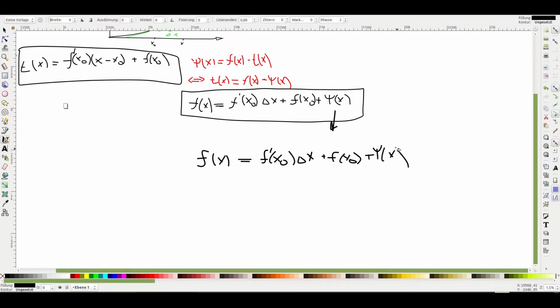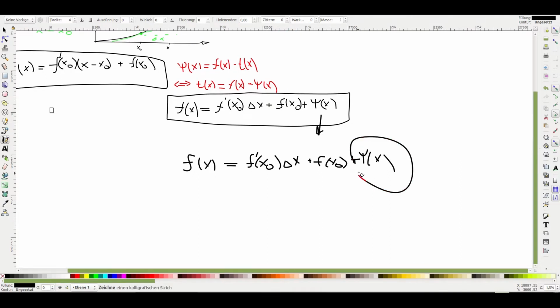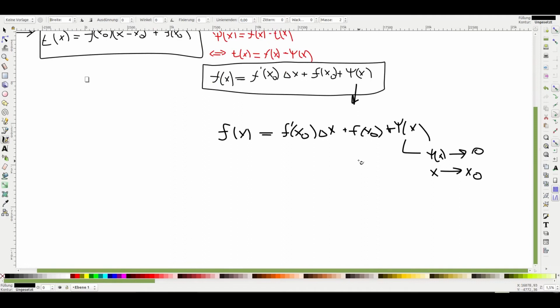Now as x goes towards x0, this psi of x here approaches 0. So psi of x goes towards 0 as x approaches x0. And how do we show this?